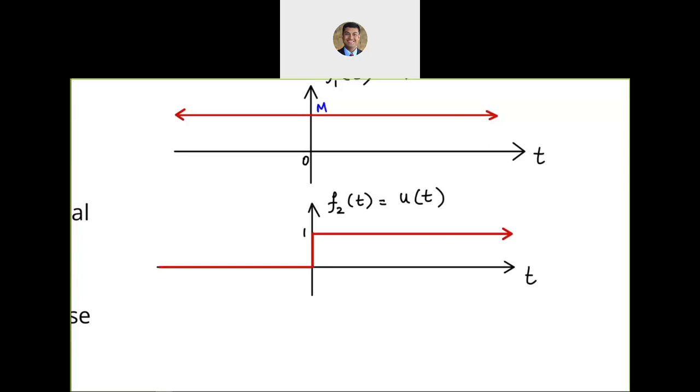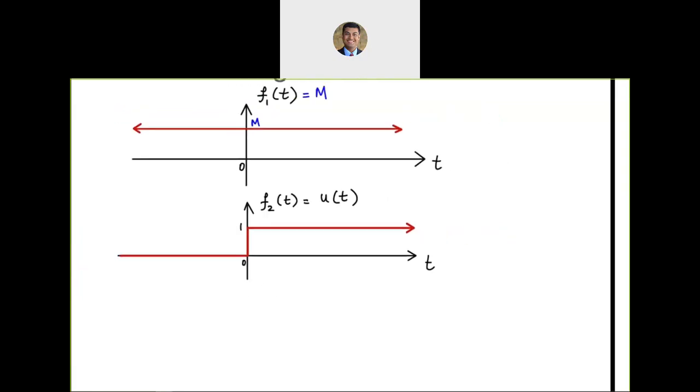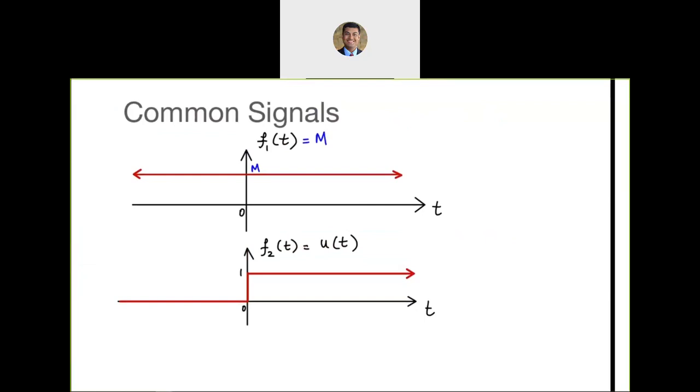This is 0. How can I express it in a bracket notation? Let's also do bracket notation over here. Bracket notation, also called piecewise notation. F1 of t equals m for all t.